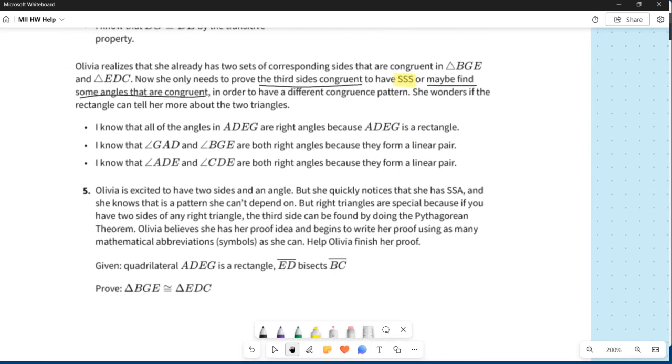Olivia also knows that angle GAD, that's actually a typo, so we're going to go ahead and fix this. This should say angle AGE. All right. So Olivia knows that angles AGE and BGE are both right angles because they form a linear pair.